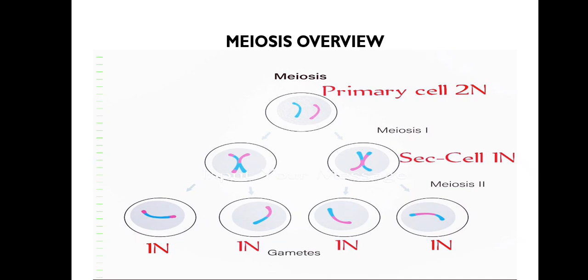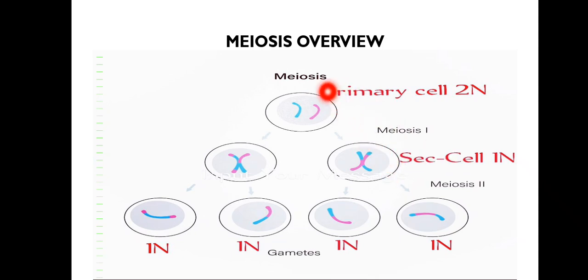This primary cell contains DNA content, it contains chromosomes. We reduce this primary cell from 2N using meiosis 1, and we form a secondary cell.